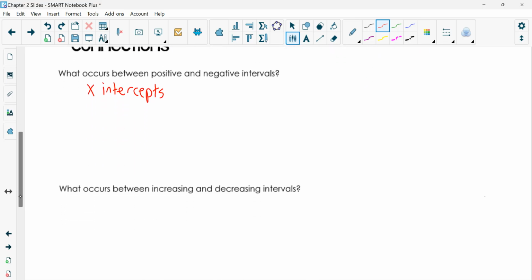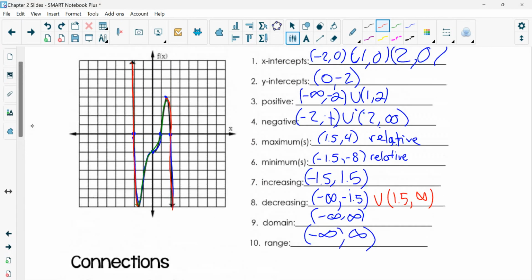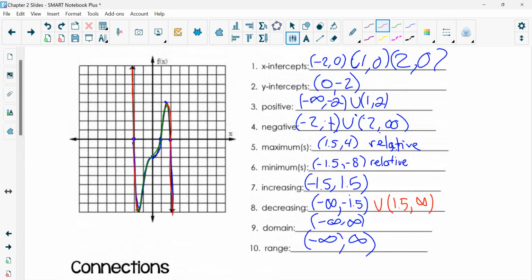All right, what occurs between the increasing and decreasing intervals? So as we went from decreasing to increasing, what did we create? That point right there. Minimums and maximums, good.